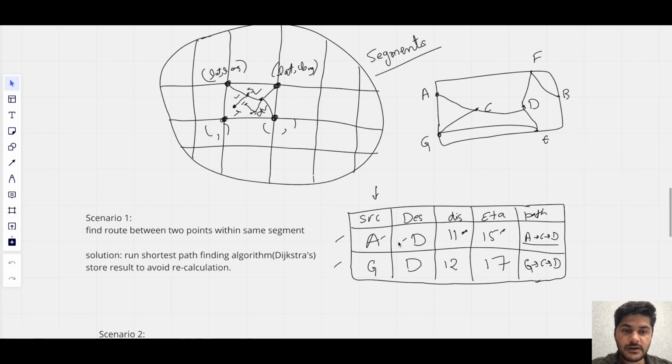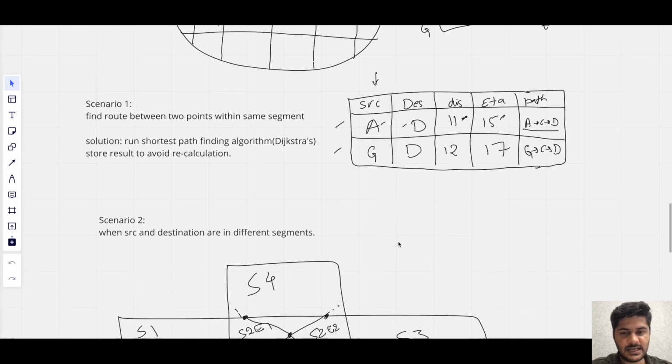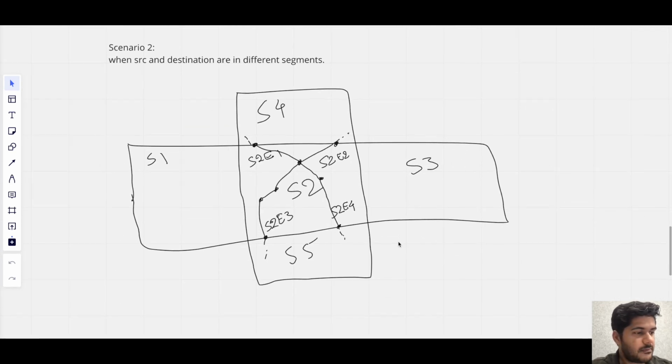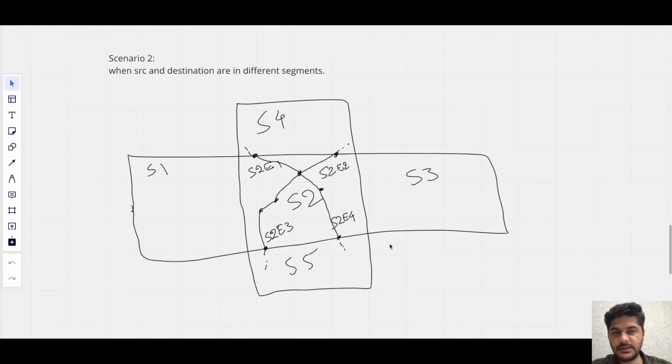Now think of the second scenario. My second scenario is when my source, say I'm going from a point which is here to a point which is here in S3, and they are far away.